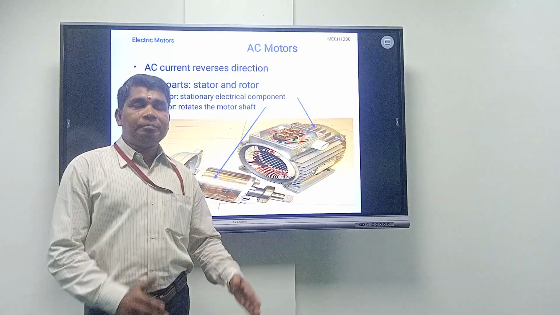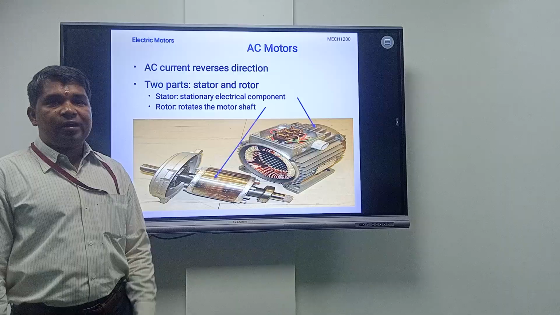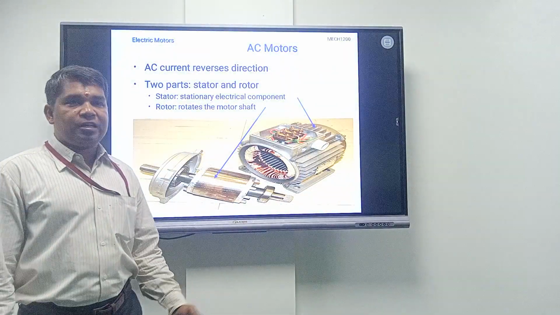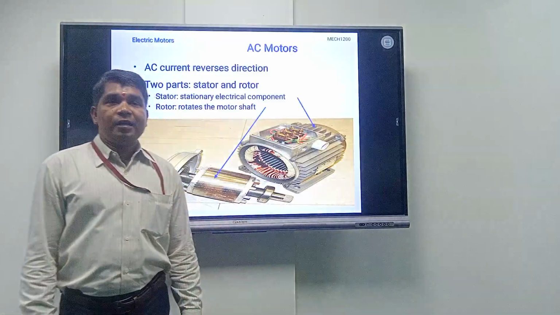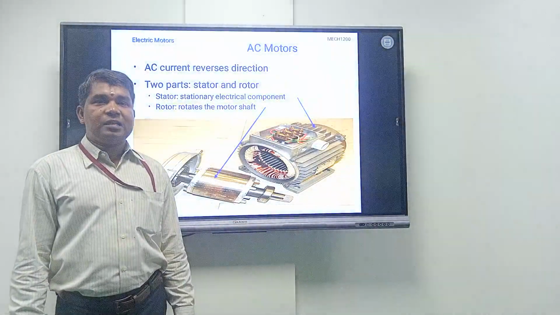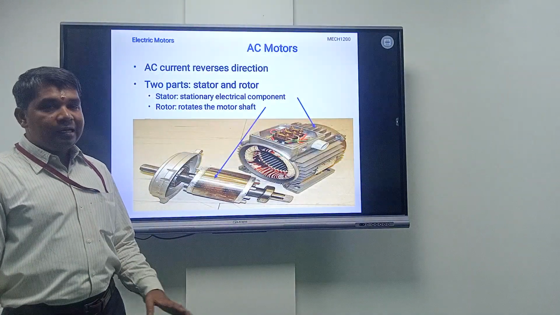In a DC machine, the stator winding and rotor winding are called by specific names. We can remember that the stator winding is nothing but the field winding in a DC motor, and the rotor winding is nothing but the armature winding in DC.